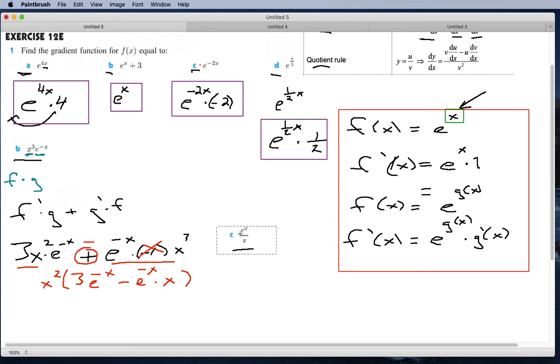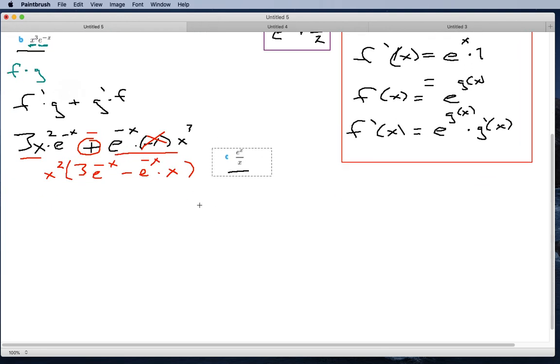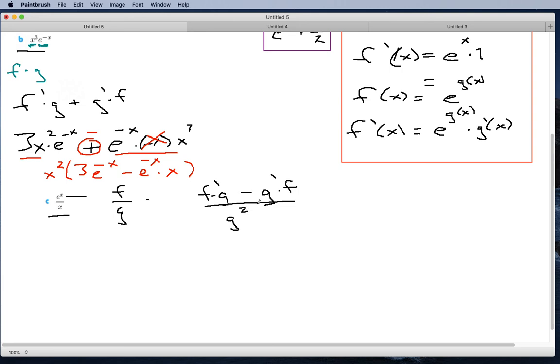Now, if we look at this last example, this is a quotient rule in which we can call the top f and the bottom g. Our quotient rule says the derivative of the top times the bottom, minus the derivative of the bottom times the top, all over the bottom squared. Not the derivative of the bottom squared, just the bottom squared.